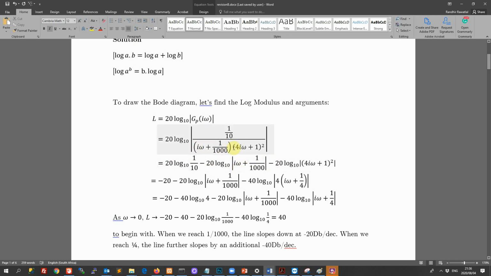Since it appears in the denominator, we can rethink this factor as being this function raised to the power -1. If it's a function raised to the power -1, we can bring that -1 out in front and multiply by the log of it. So it's -20 times log 10 of that function. That takes care of that part.